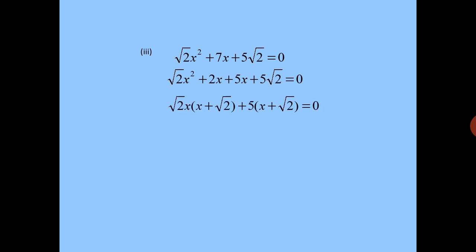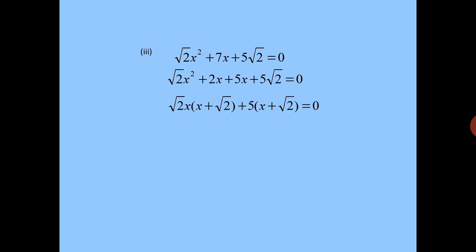Now the third sub question, it is root 2 x square plus 7x plus 5 root 2 equal to 0. We'll again find AC. It is root 2 into 5 root 2. It means it is actually equal to 10 because root 2 into root 2 is 2, and 2 into 5 is 10. So we are going to find out the factors of 10. This is how you get it. Solve further.